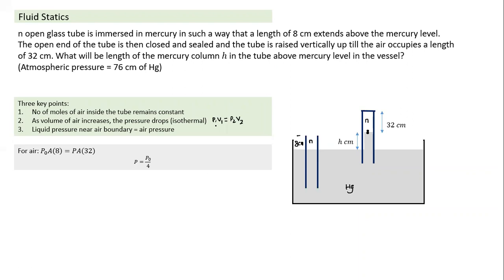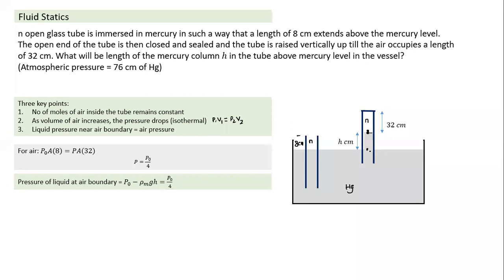And since we are dealing with gas here, we have to use absolute pressure. The pressure at the liquid boundary, the pressure in the mercury also, is equal to how much? Mercury at this level has the same pressure P, but mercury at this level will have pressure P plus rho gh, and P plus rho gh here will be equal to P naught.